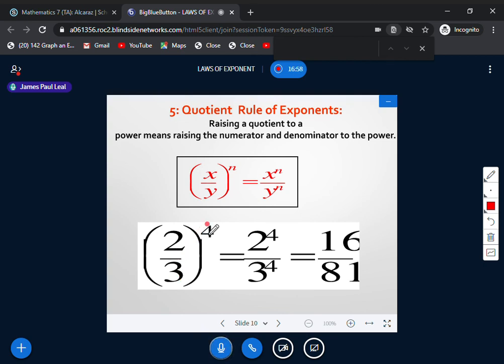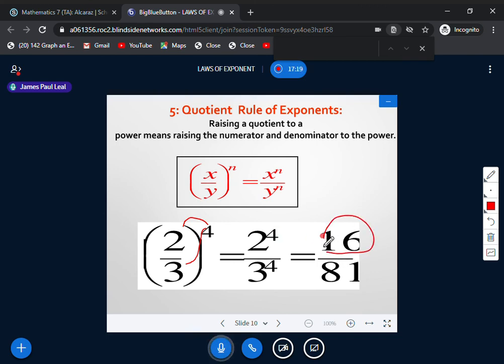So again, the thing will be you have to multiply 2 into 4, okay, the exponent that you have. And also to the denominator, 4, you have to multiply here. Okay, 2 raised to 4, what is 2 raised to 4 in your calculator? You have to multiply 2 times 2 times 2 times 2 again. That is actually equal to 16.